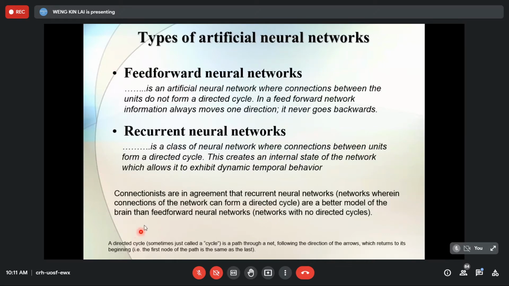That's why, as we said in the beginning, some of the architectures do not closely imitate the actual architecture in our brains.